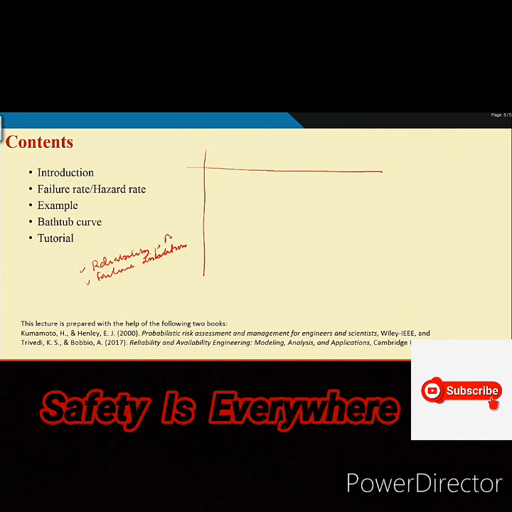We defined reliability as R(t), failure distribution as F(t), and then we went to the probability density function, which we defined as small f(t), where t is the time to failure. We considered non-repairable units.